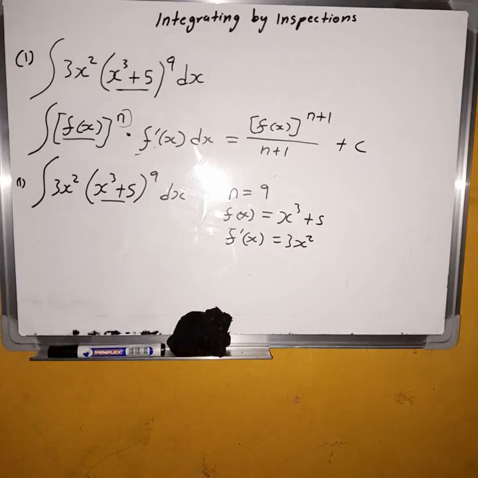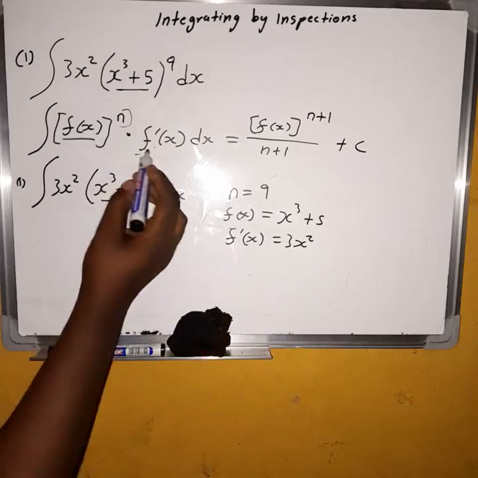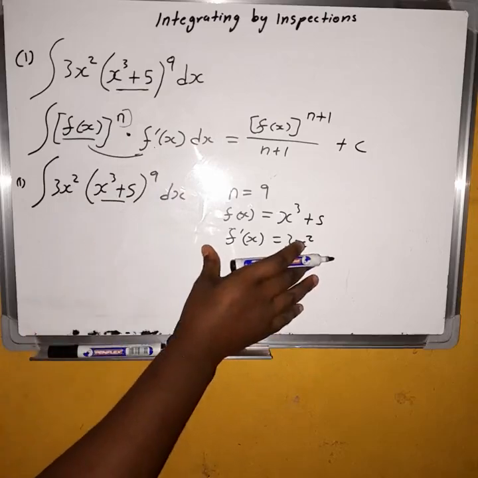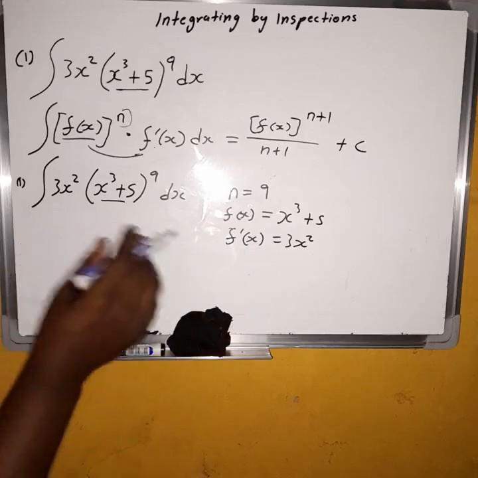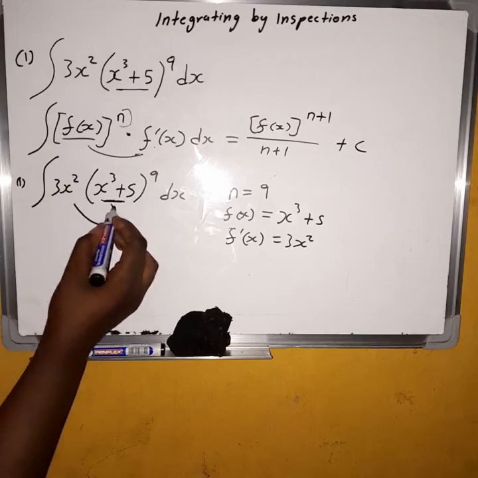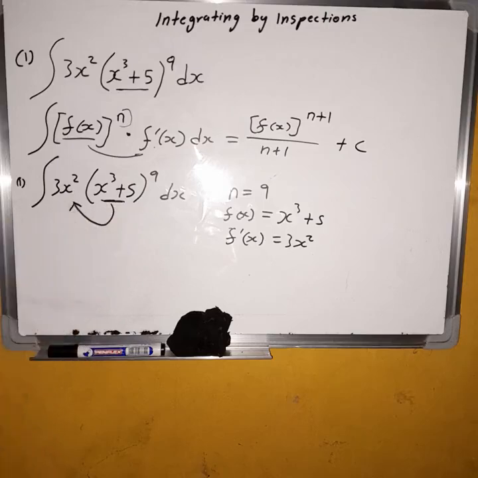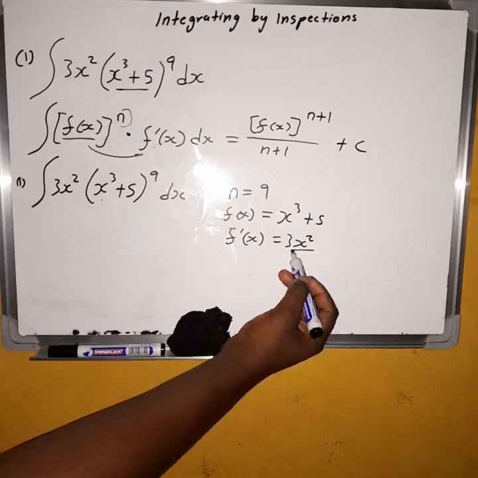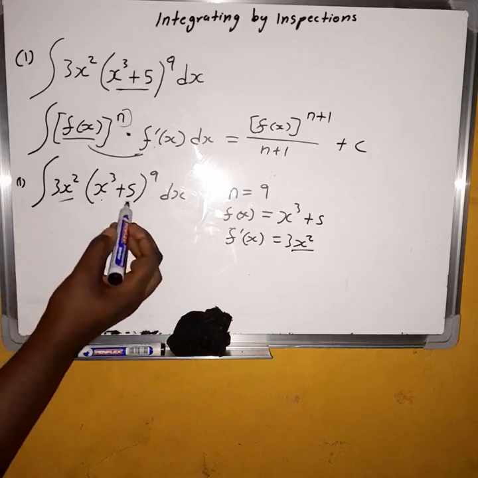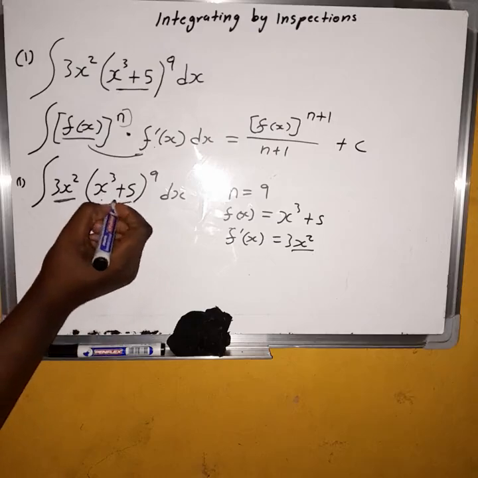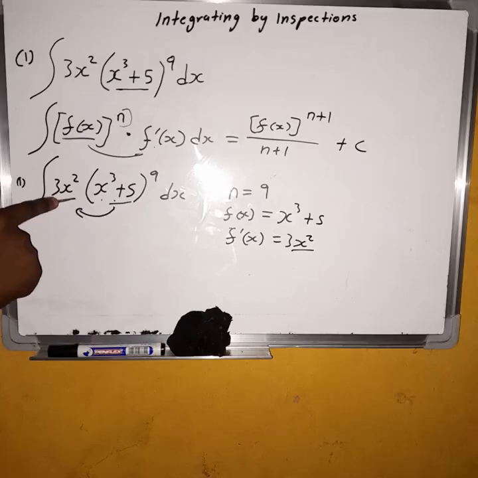So let us check this f prime. There is a corresponding match: what is inside the bracket, if you differentiate it, will give you this, what you multiply with. So it is a derivative of this product and you can use inspection.